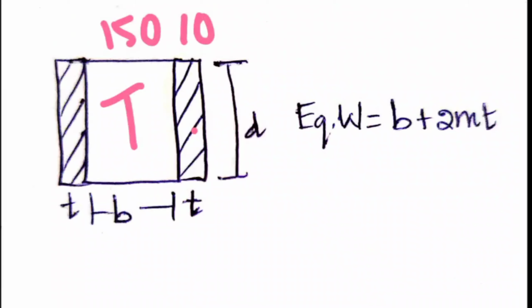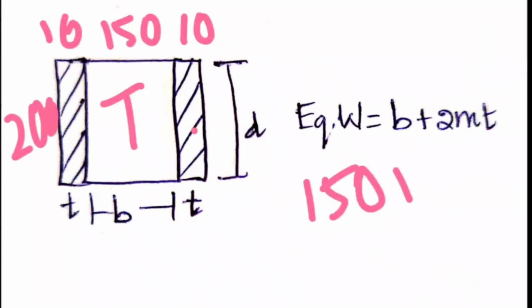If the timber is having 150 mm width and 10 mm thickness of steel is on the sides of the plate, the t will be equal to 10 mm, and the depth as they have given is 200 mm. Then the equivalent width will be b plus 2mt. So b is nothing but the width. So with this, 150 plus 2 times m, where m is nothing but the ratio of the Young's modulus of the timber divided by that of steel.